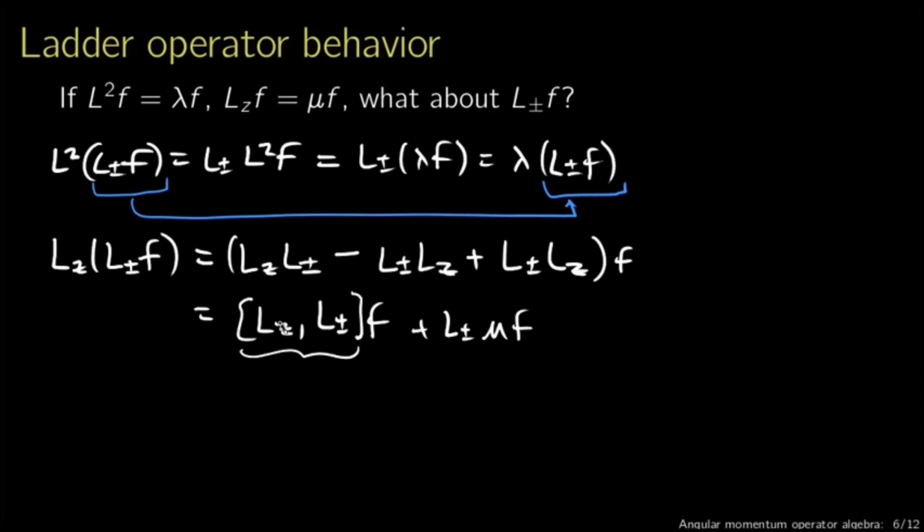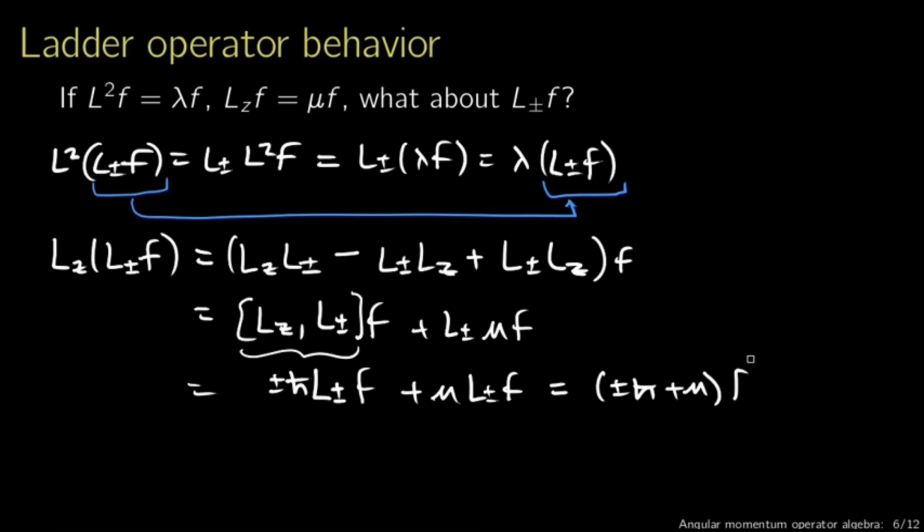This is Lz commutator with L plus or minus, which just gave me plus or minus h bar L plus or minus back. So overall, we're going to get plus or minus h bar L plus or minus acting on F plus mu L plus or minus acting on F. If I simplify that out, plus or minus h bar plus mu times L plus or minus acting on F.